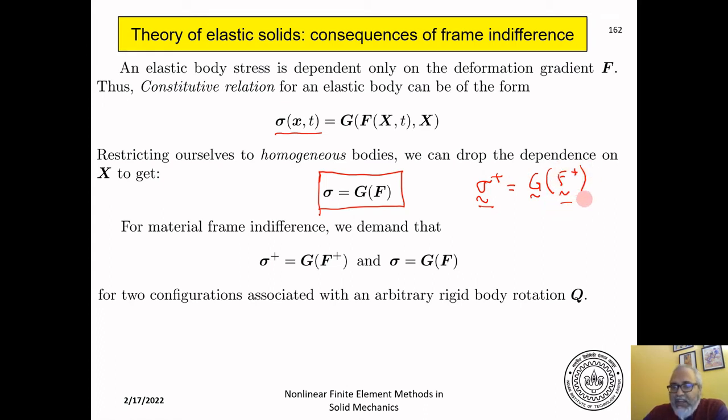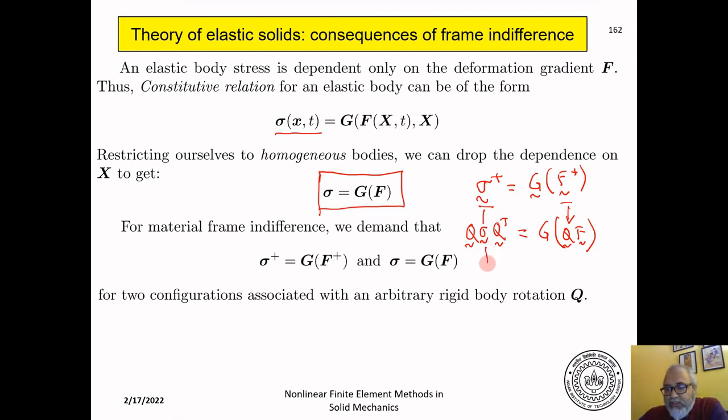So if he uses the correct F plus, that means if he uses QF as his F plus, he should get sigma plus as Q sigma Q transpose. So this is what should happen.